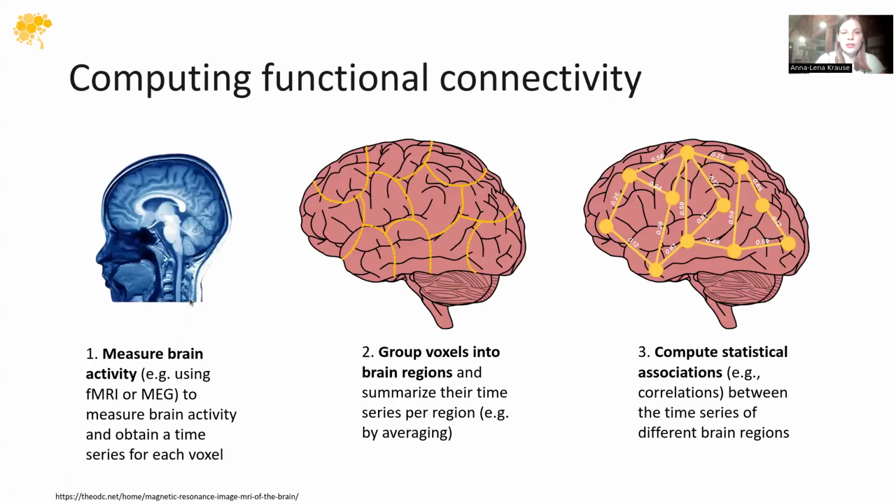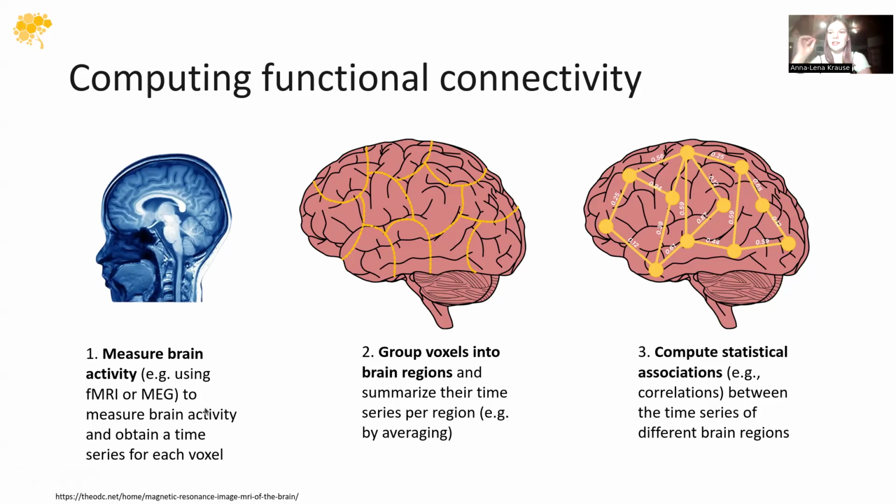So how does one compute functional connectivity? Well, we start by measuring brain activity over a certain amount of time. So we put our subject in the scanner, for instance, for 10 minutes and tell them to do nothing. So what we have as a result then is three-dimensional data of the brain.